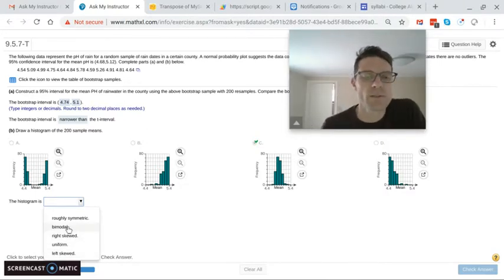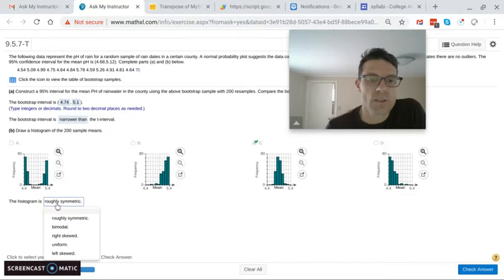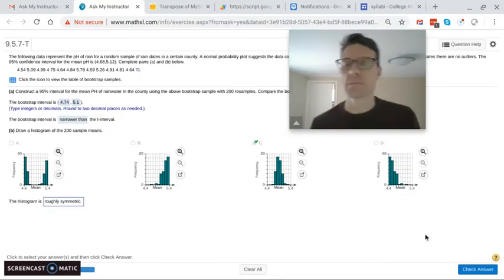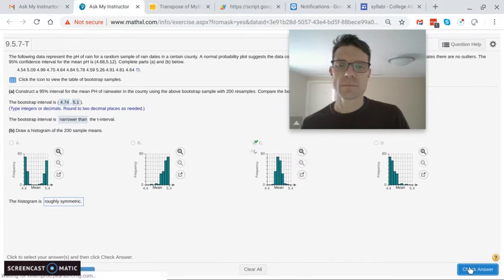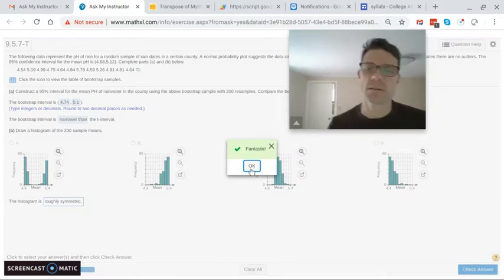The only thing I would be tempted to guess between is roughly symmetric or right skewed. It's a little bit more on the right, but overall I'd say roughly symmetric. If I didn't get this one right, I would then answer right skewed. Sometimes it's a tough call between those two in this particular circumstance. Oh, but I got it right.